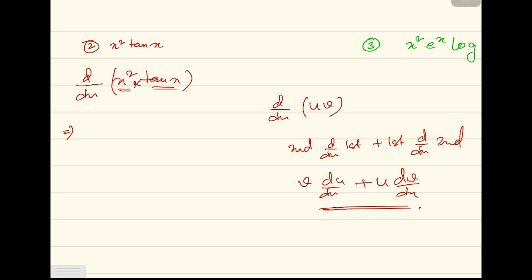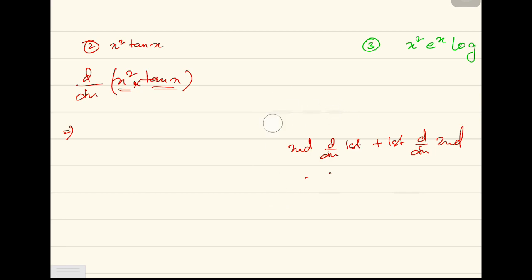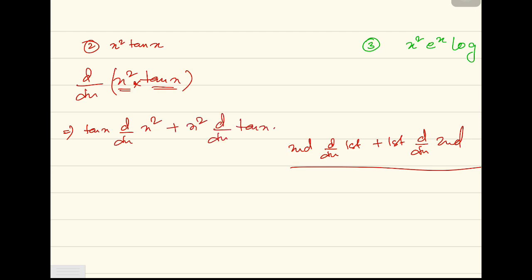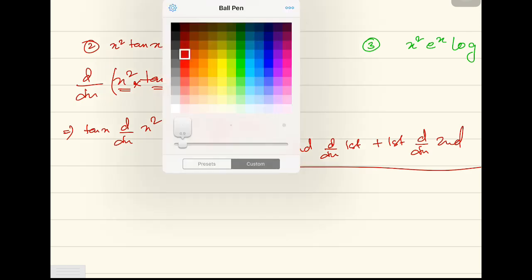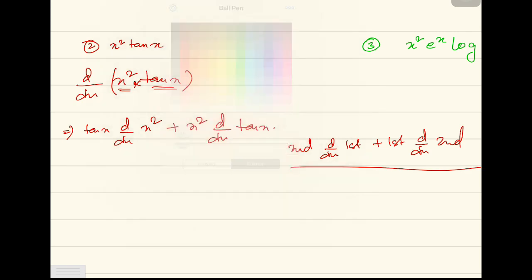Now, having understood the product rule, let's apply it here. So follow this. Second is tan x into d/dx of first, meaning x square, plus first is x square into d/dx of tan x. So this is first, by the way, and this is second.